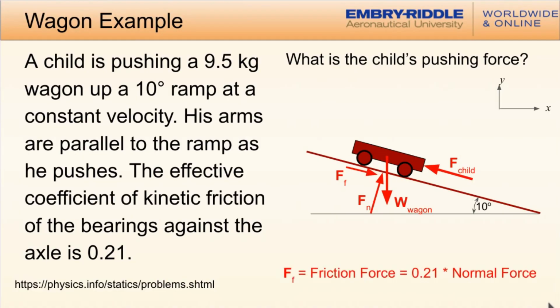And again, we're given information. We're given the coefficient of friction, so we know that the friction force is equal to 0.21 times the normal force. We don't know the direction of the friction force, but we'll find that out later. We've assumed a direction.